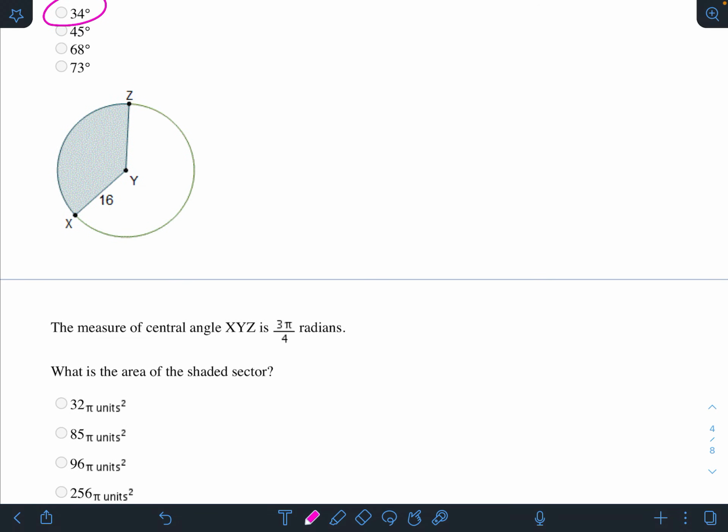Okay, the measure of the central angle XYZ is 3 pi over 4 radians. What is the area of the shaded sector? So here my central angle is 3 pi over 4. And to find the area of a shaded sector, when it's in radians, we will take 3 pi over 4, divide that by 2 pi, and we will multiply that by pi r squared.